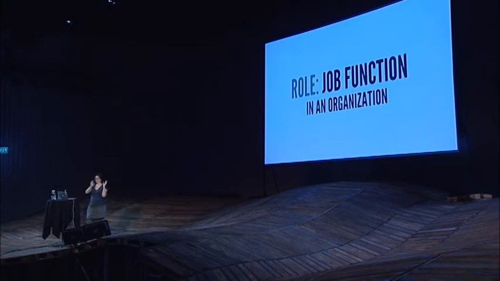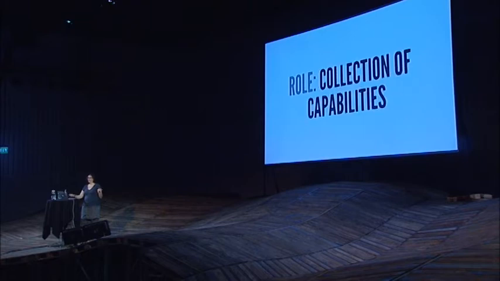A role is a job function in an organization, but more generally a role is just a collection of capabilities. These capabilities help you complete perhaps interconnecting processes. The permission to perform a certain operation is assigned to a role, and a single capability can be assigned to multiple roles.